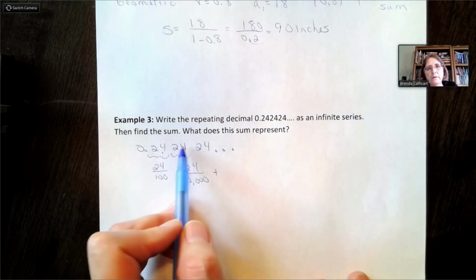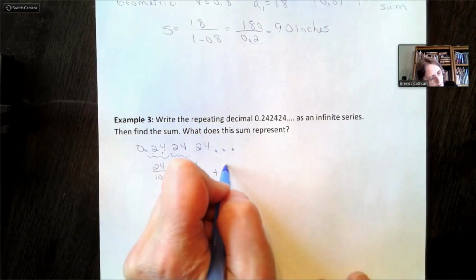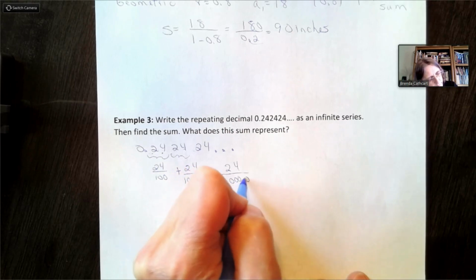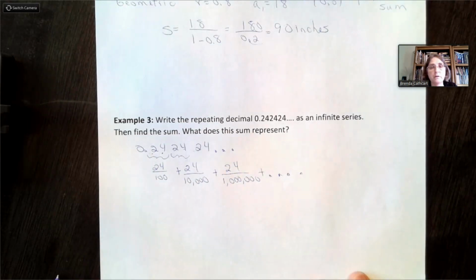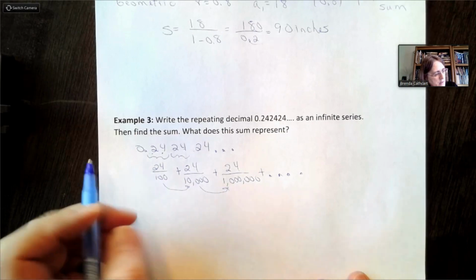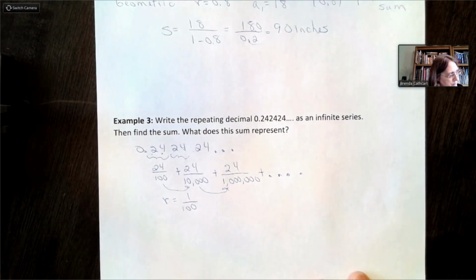Our next pair, 10,000, 100,000, and 1 million. So 24 over 1 million. And it would continue just like this, dot, dot, dot. So as I go from one term to the next, my ratio is 1 over 100.